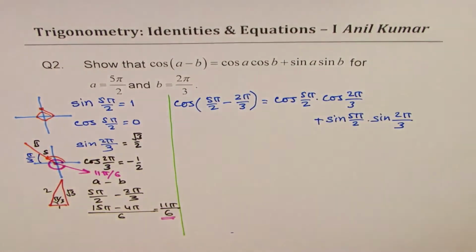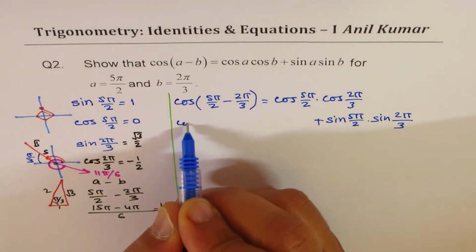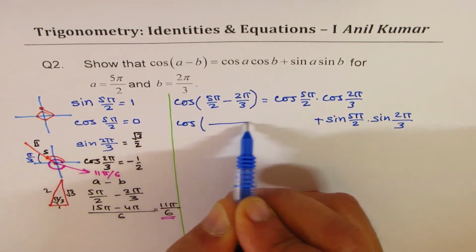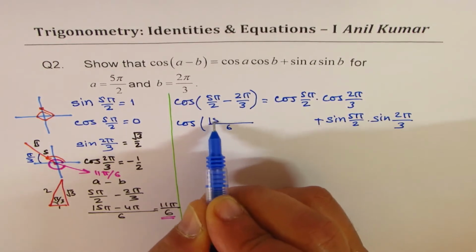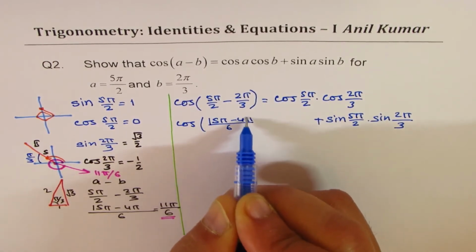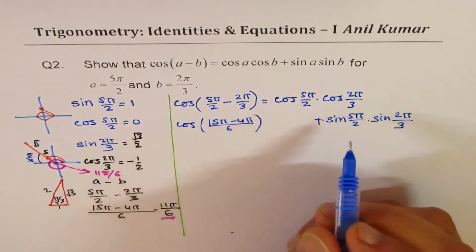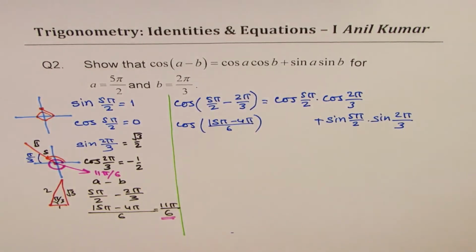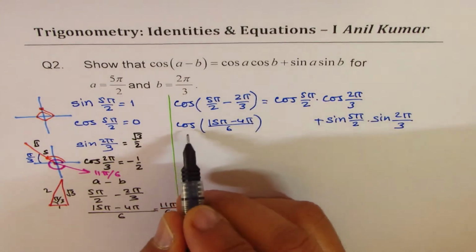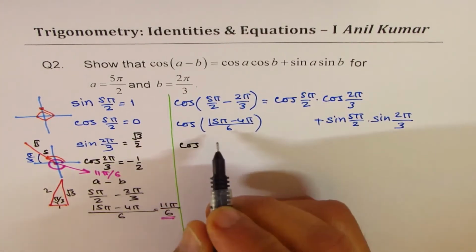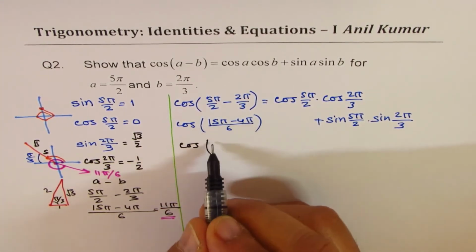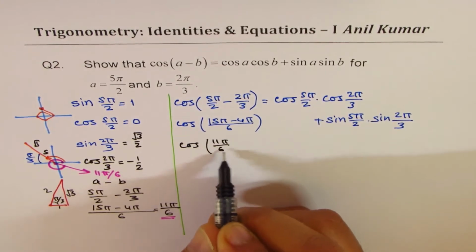Let's do all the steps. On the left side, cos of 15 pi minus 4 pi over 6, and on the right side it equals the following. Okay, so I'll go further on the left side: cos of 15 minus 4, this is 11 pi by 6.